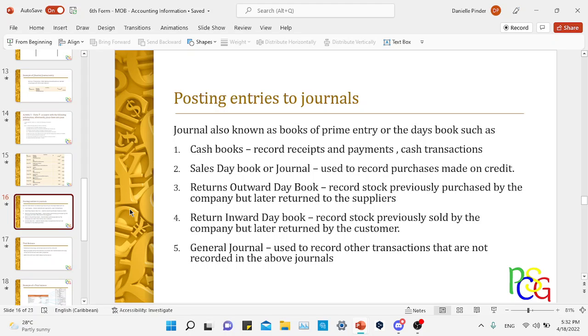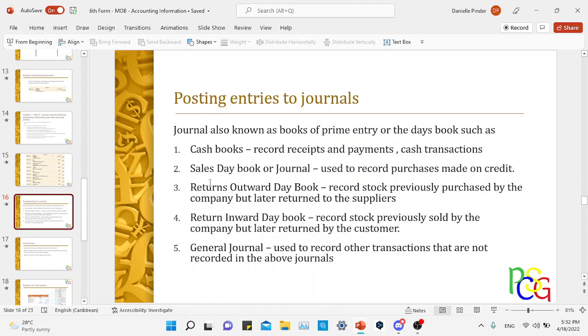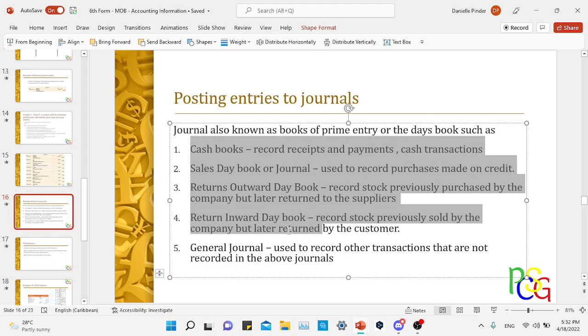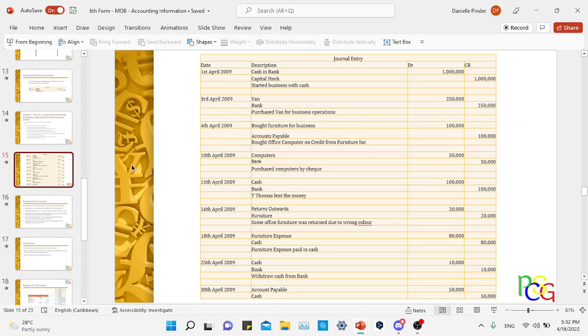But we did see, honestly, that within the general journal there is a whole list of transactions which are included.